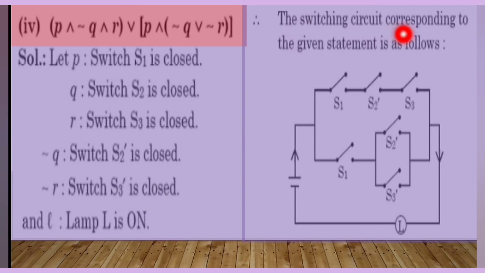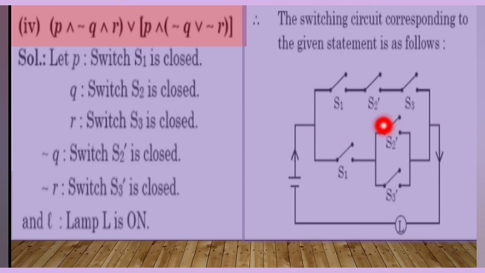The switching circuit corresponding to the given statement is as follows. First draw switch S1, S2 dash and S3 in series, because of the AND symbol. Now these three switches are parallel to these three switches. Parallel means OR symbol.